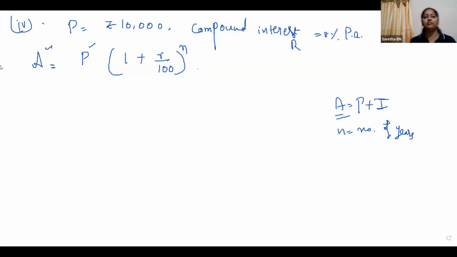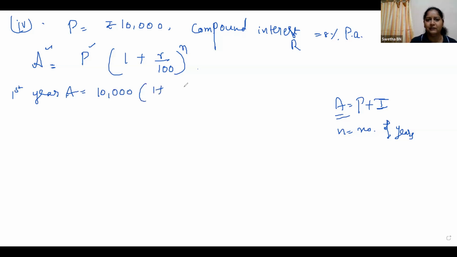So I have written the formula. A is equal to P into 1 plus R by 100 whole to the power of N. And I'll write for the first year. For first year, A is equal to P is 10,000. Just substitute what is given.